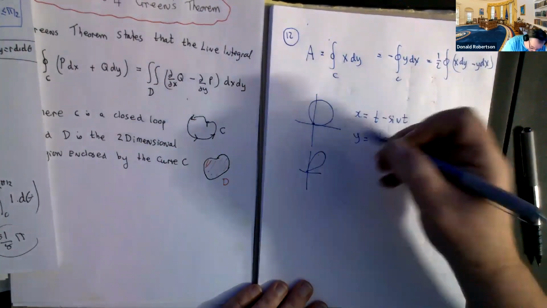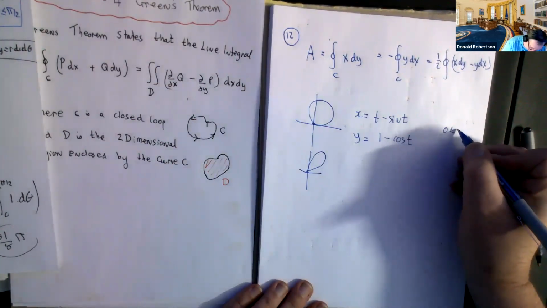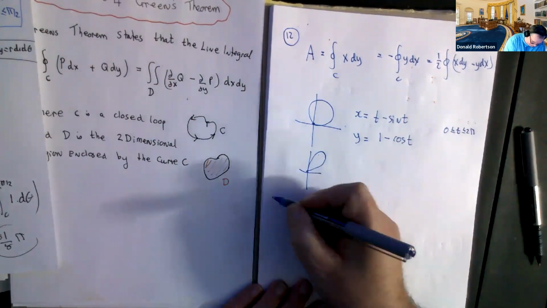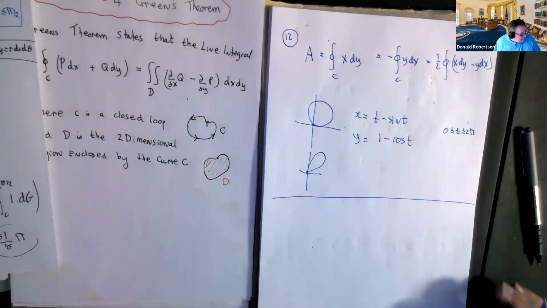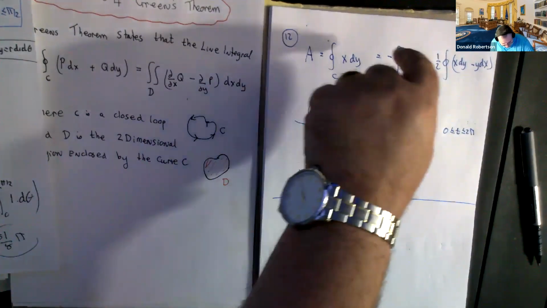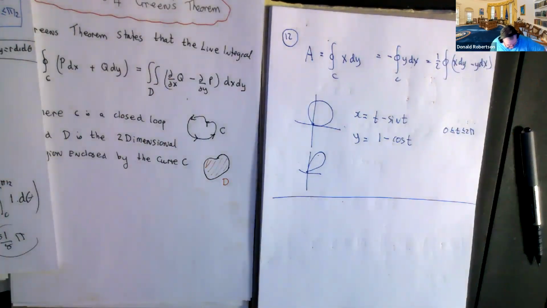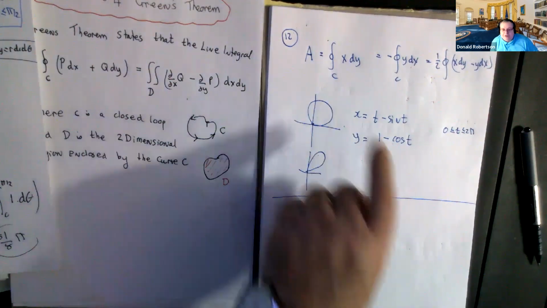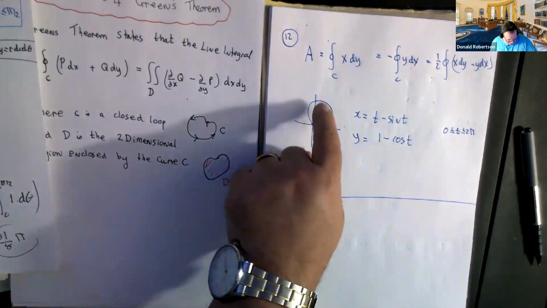And since it's a complete cycloid, it's going to be t from 0 to 2 pi. Okay, now you can pick any one of these three guys and they will all give you the area of this shape.